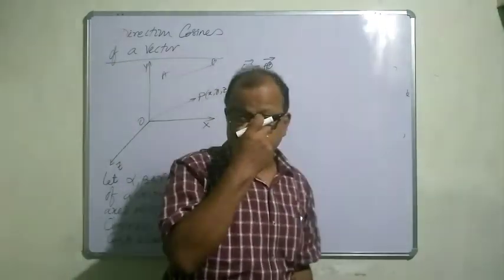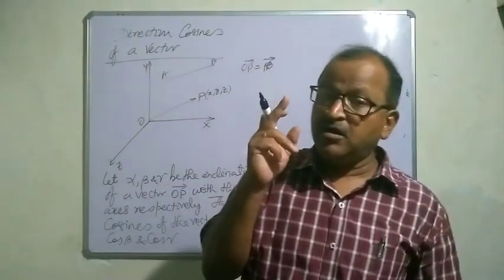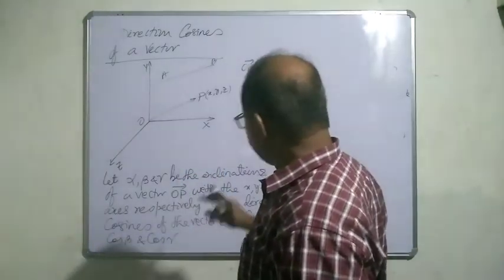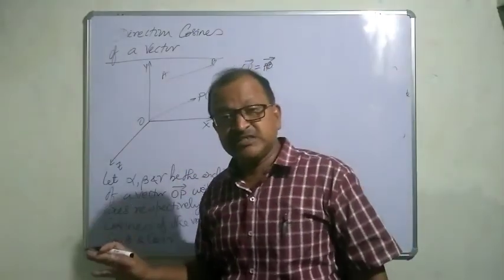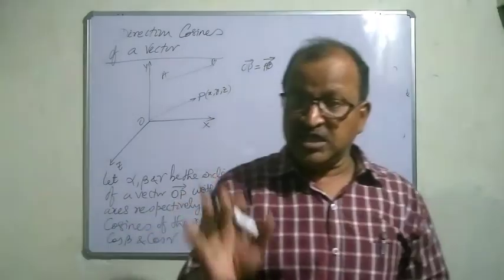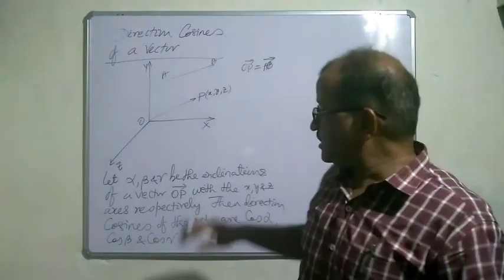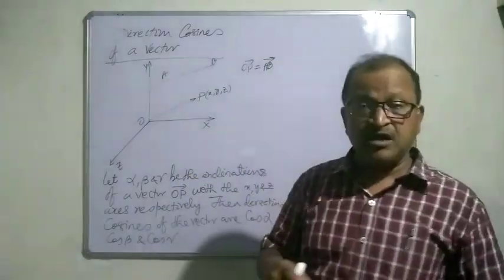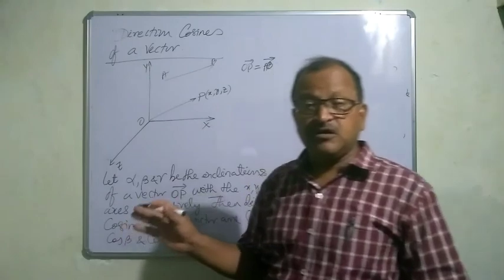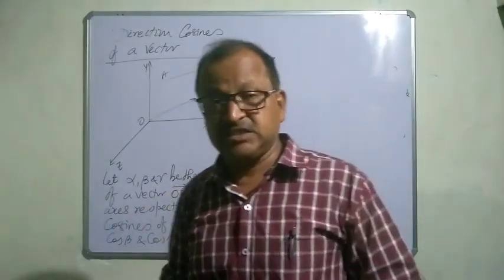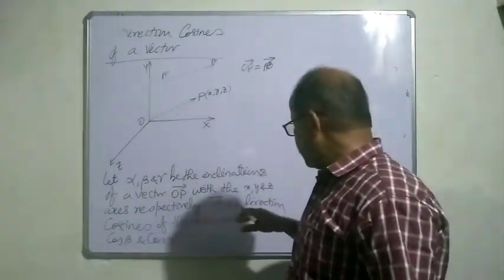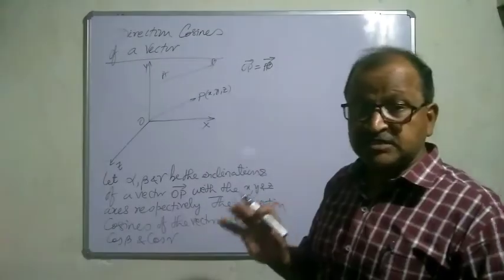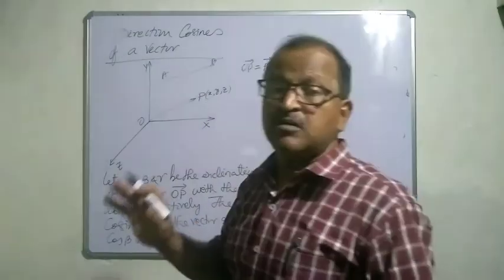These are the cosines of the angles between the vector and the x, y, z axes respectively, the inclinations. The inclination of the vector with the x-axis is alpha, the inclination with the y-axis is beta, and the inclination with the z-axis is gamma. Then cos alpha, cos beta, cos gamma are called the direction cosines of the vector.